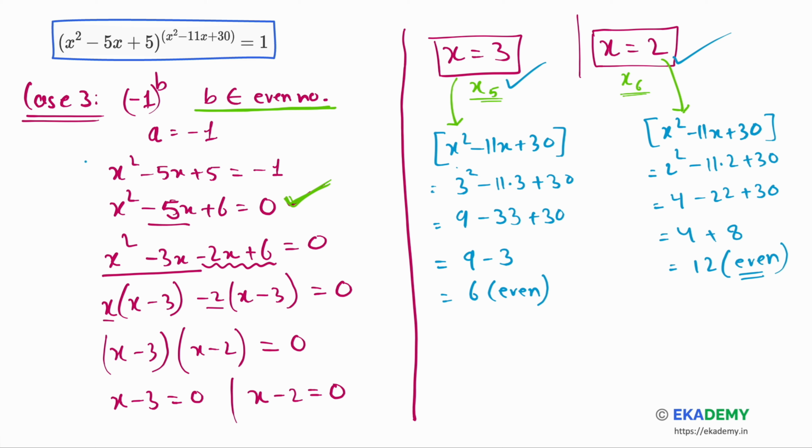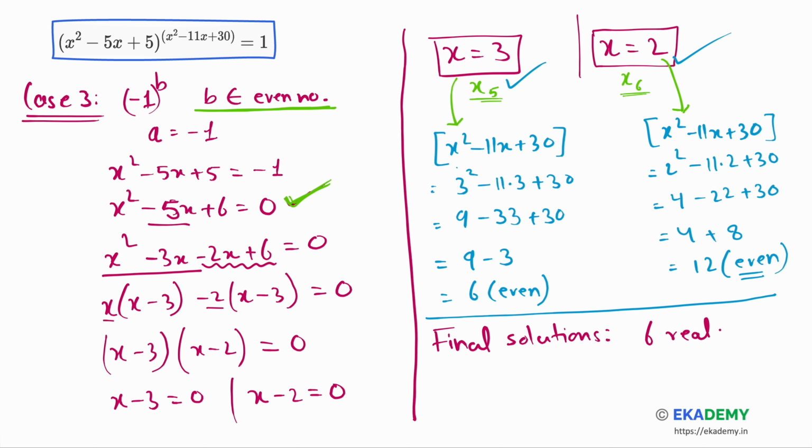So finally, we have got 6 solutions for the given mega quadratic equation. So final result. So let's put it down here, our final solutions. So we have 6 real solutions. Now, what are these 6 real solutions?